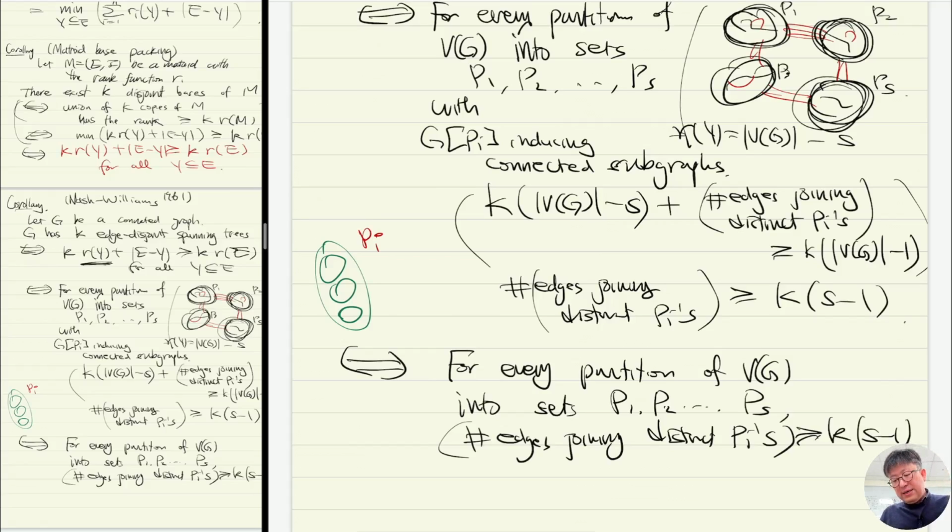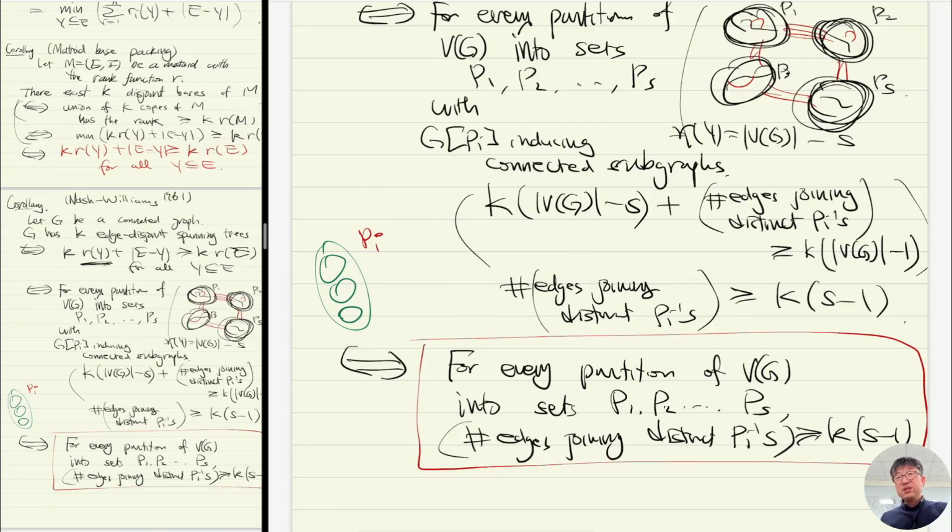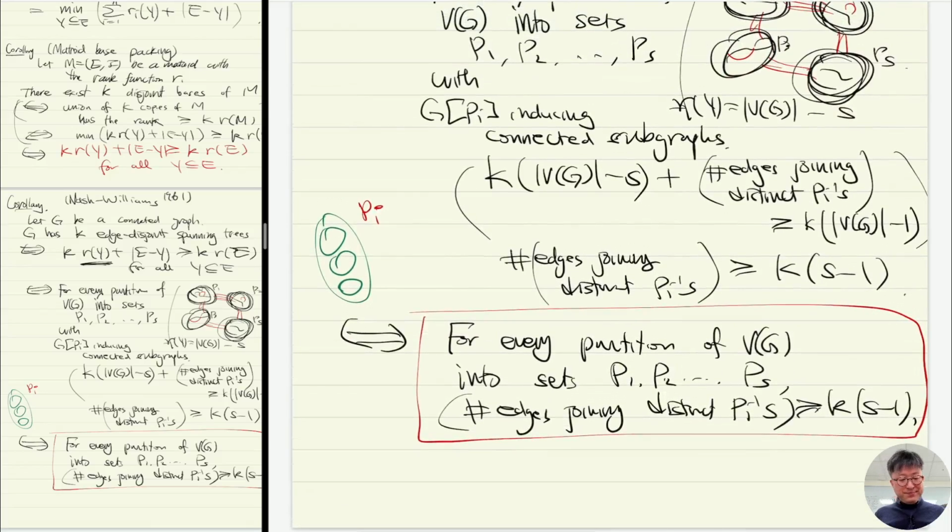So that's the theorem. Okay, so this is the if and only if characterization for a connected graph to have k edge-disjoint spanning trees.